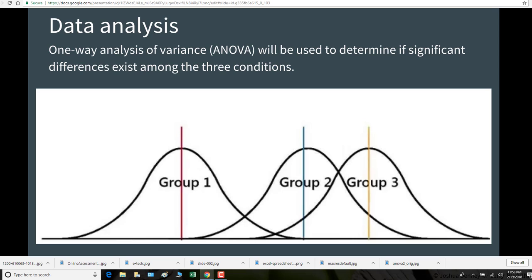Demographic data will be compiled and reported to provide a summary of the sample population represented. As more than two groups will be measured and compared, a one-way analysis of variance, or ANOVA, will be used to analyze the data. An ANOVA compares the means between the groups and determines whether any of those means are statistically significantly different from each other.